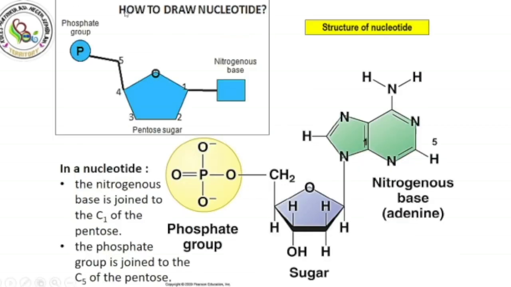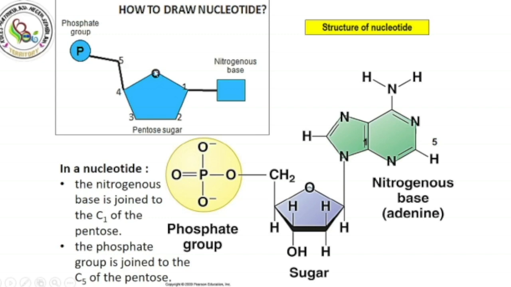So how to draw a nucleotide? The three components of a nucleotide consist of pentose sugar, nitrogenous base, and phosphate group, symbolized by capital letter P. Pentose sugar is a 5-carbon sugar, carbon 1, 2, 3, 4, 5, and this one is the oxygen atom.